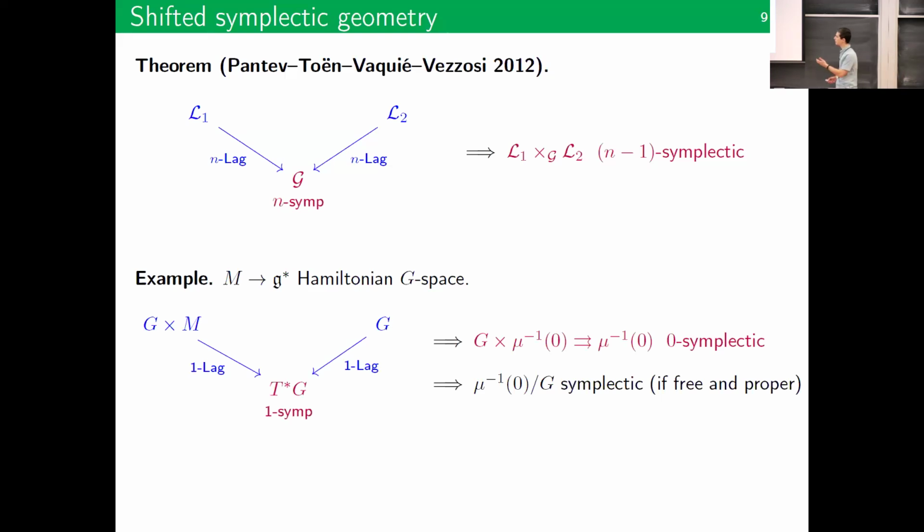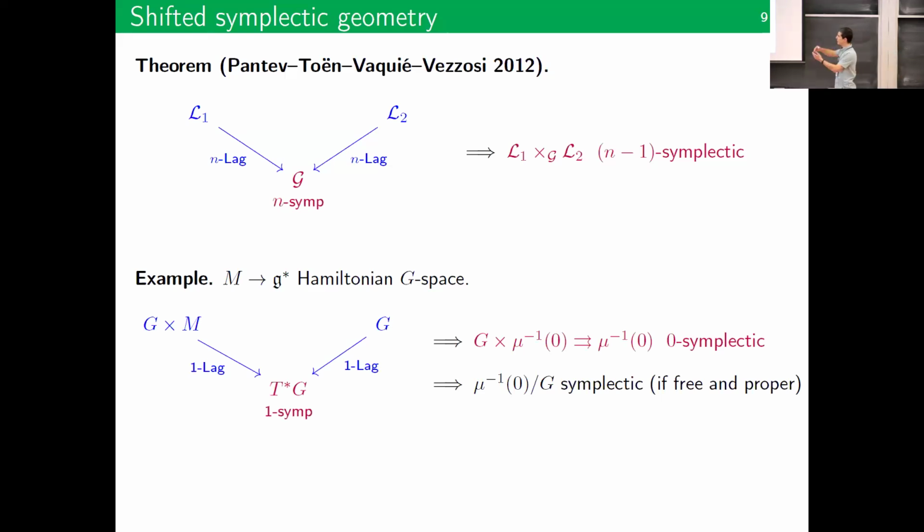So if you have a Hamiltonian G space, we saw one example of Lagrangian on the left-hand side. Just take the action groupoid. And on the right-hand side, you can take the group G itself viewed as a Lie groupoid over a point, embedded as the fiber over the neutral element. That's another one-shifted Lagrangian.